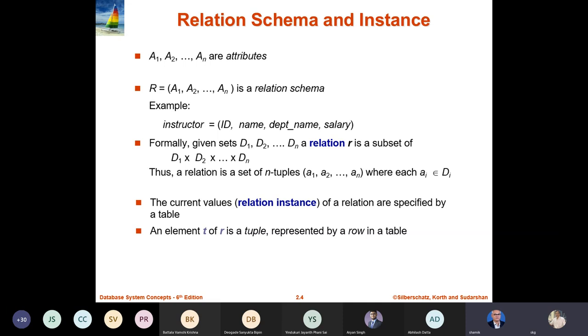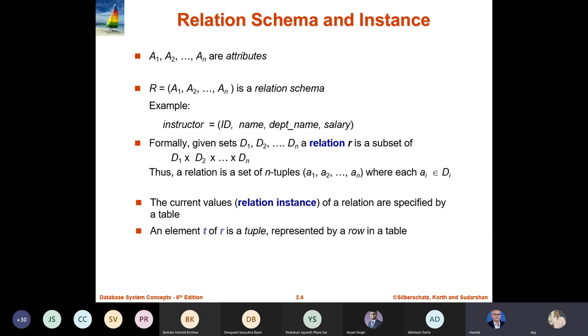So this I can formally define. Any relation instance of a relation is specified by a table. And any element t of that particular relation R is a tuple, which represents a row of the table.